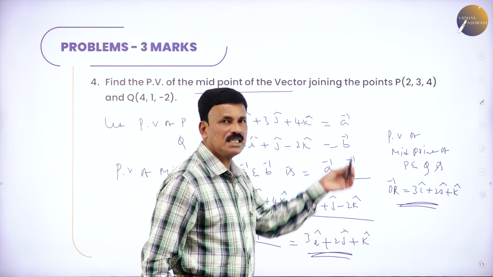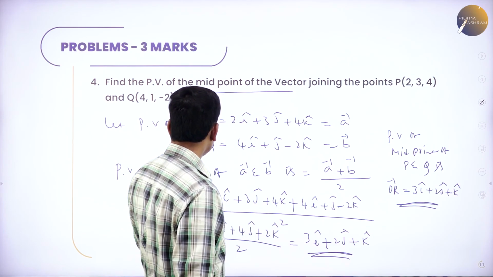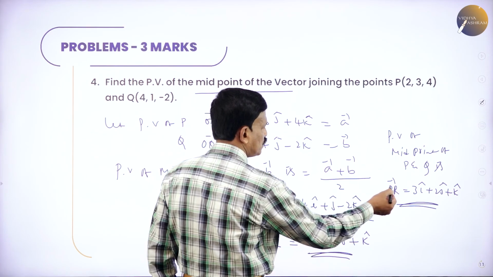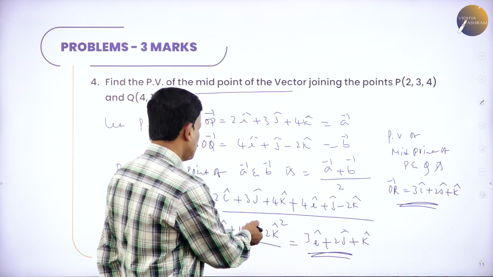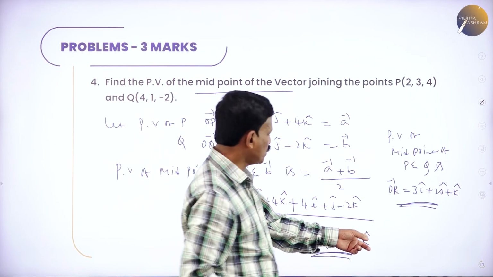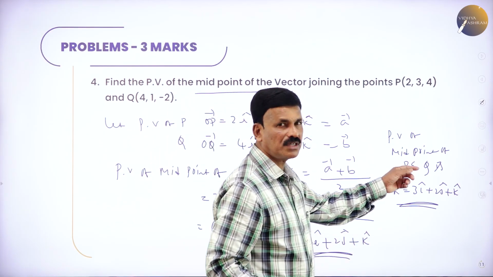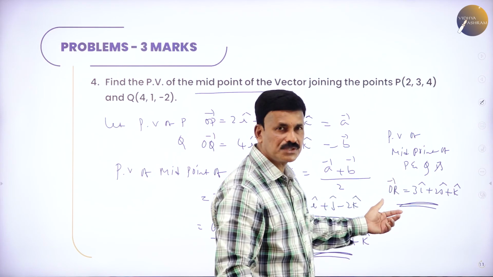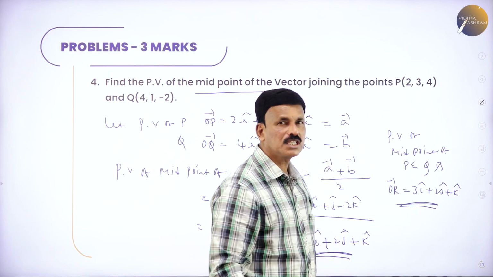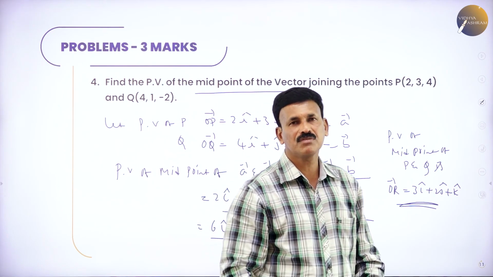Let us call them A and B. The position vector of the midpoint of A and B is vector A plus B divided by 2. So 6i plus 4j plus 2k divided by 2 is equal to 3i plus 2j plus k. Therefore, the position vector of the midpoint of P and Q, also denoted as OR, is vector OR equal to 3i cap plus 2j cap plus k cap, which is the required answer.